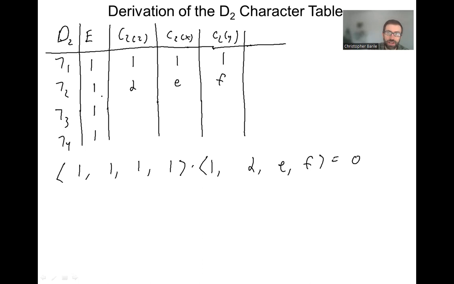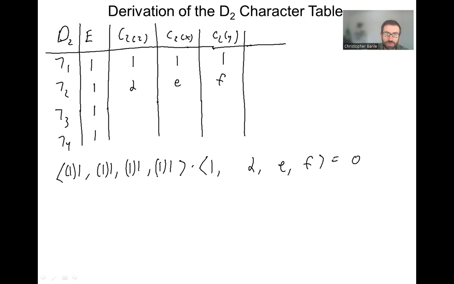And what I meant earlier by it has to take into account the number of operations in each class: there's 1 operation in each class. So there's invisible 1s here. If there's a 2 there, we'd have to multiply by 2, but there's 1. So for all of these, we take one of the vector and multiply it by 1. It doesn't change anything in this case because they're all 1s, but just to be rigorous.